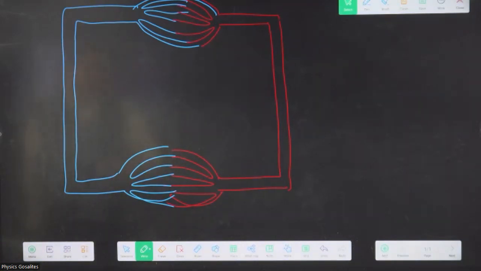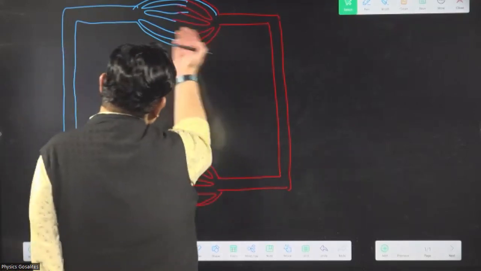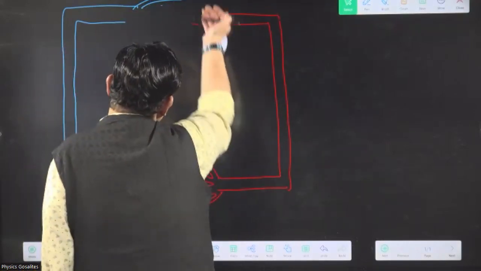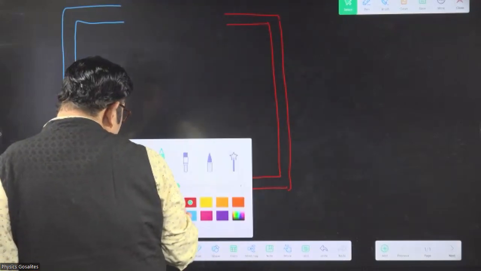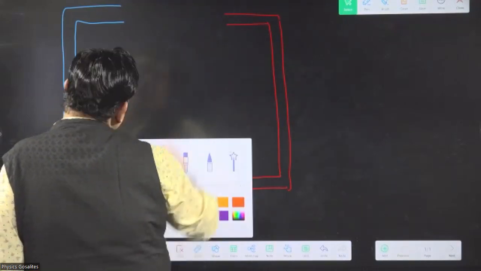We have to show the heart also here. I'm not showing the lungs here. I'm just showing the heart and the two types of blood vessels.